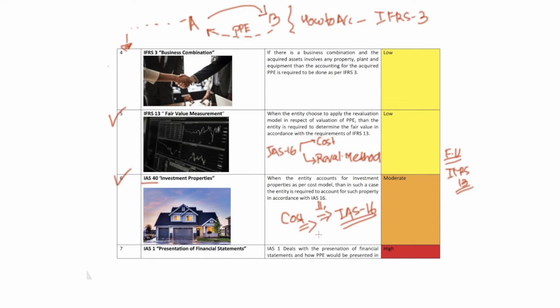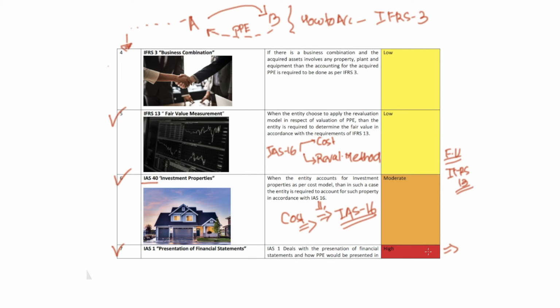The last standard and the most important standard is the presentation of financial statements, IAS 1. This is applicable for all entities. What do we mean by presentation of financial statements?